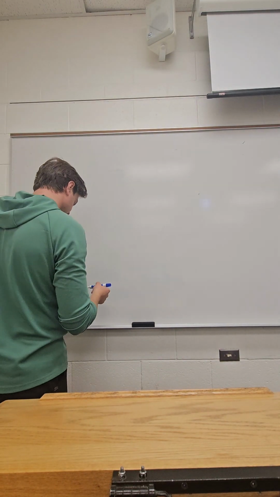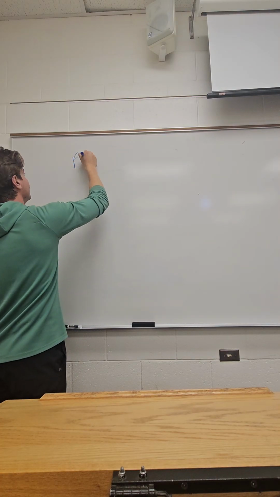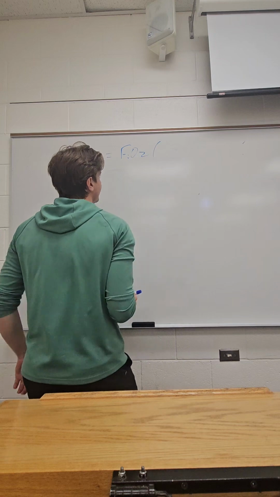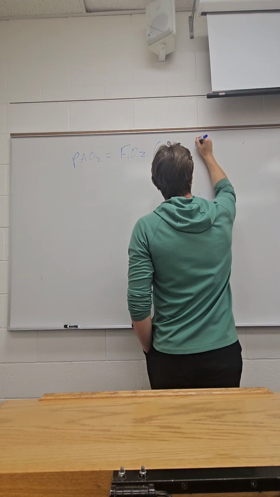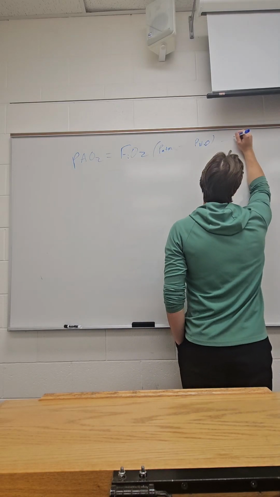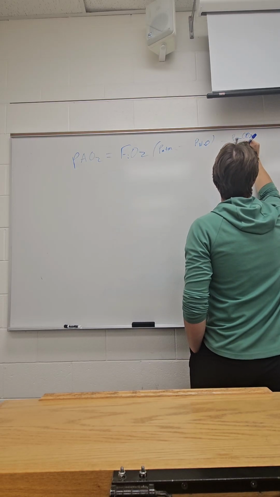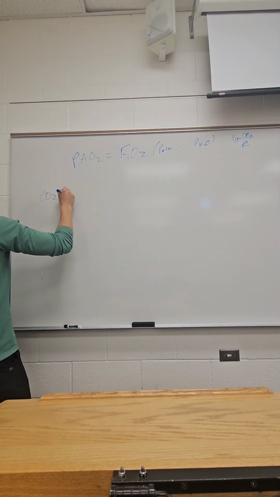Alveolar gas equation means PAO2 equals FiO2 times atmospheric pressure minus pressure due to water in the lungs, minus arterial pressure of CO2 over R. And then I want to find our PO2.